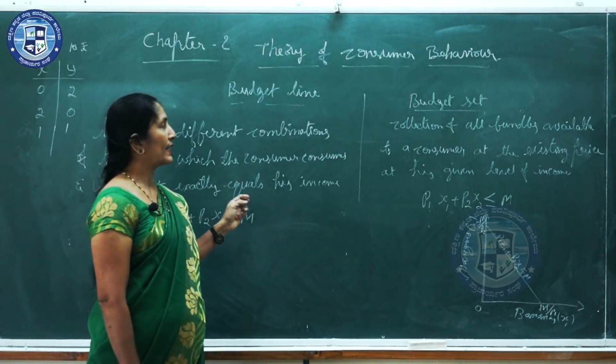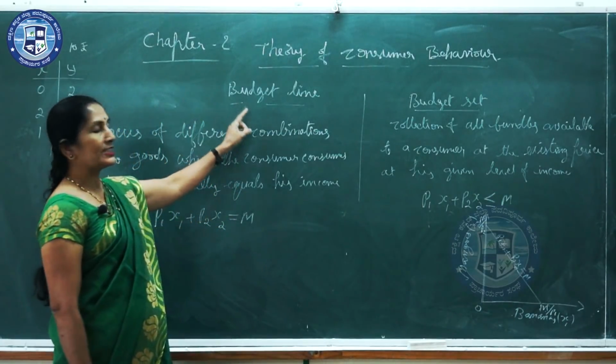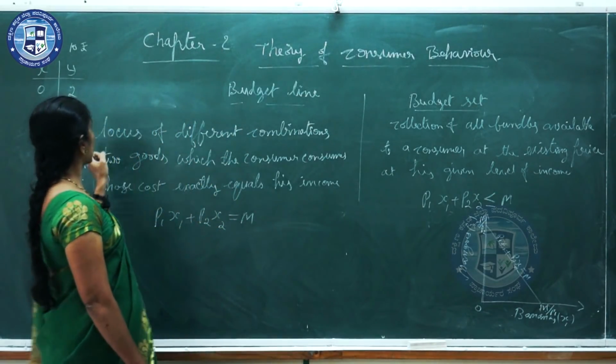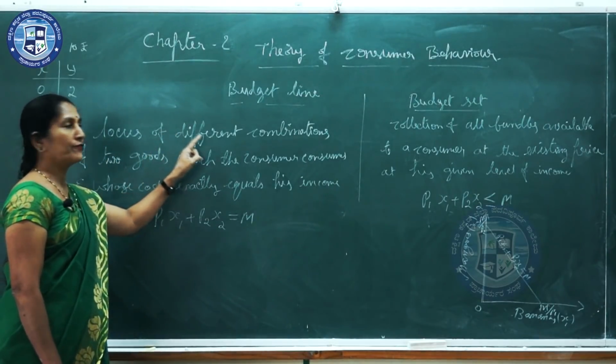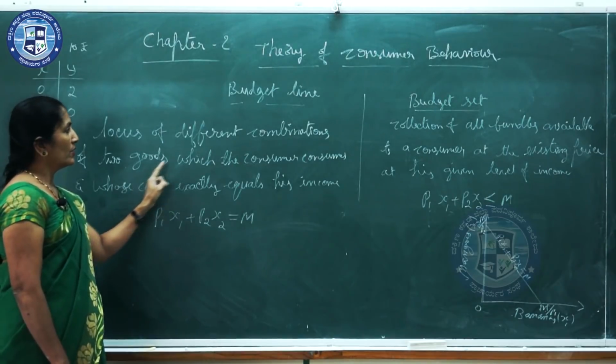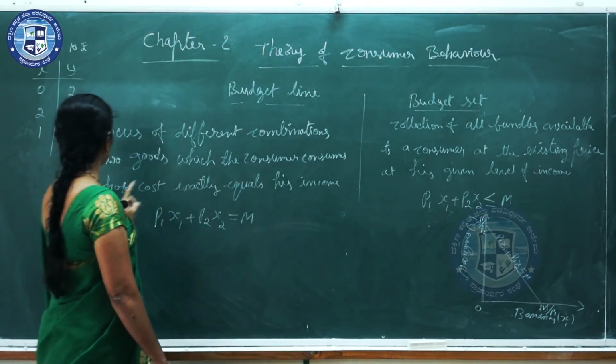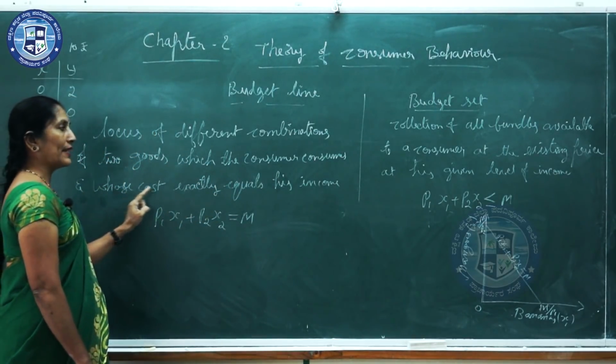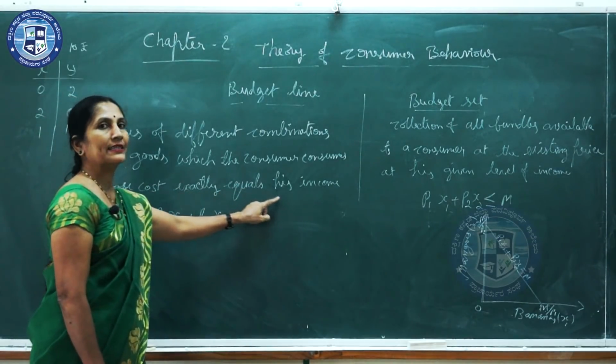In other words, the budget line is the locus of different combinations of the two goods which the consumer consumes and whose cost exactly equals his income.